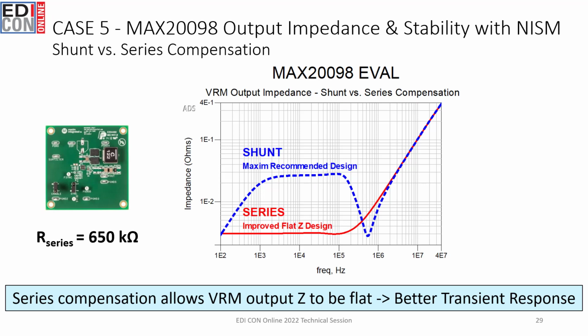Lastly, as shown again in test case 5, by using a series compensation network, we can design the VRM's output impedance to be completely flat. As we have shown already multiple times, this will ultimately equate to a better transient response from the VRM by removing the sensitivity to the transconductance tolerances in the error amplifier.